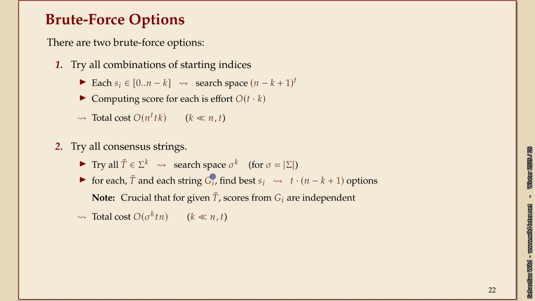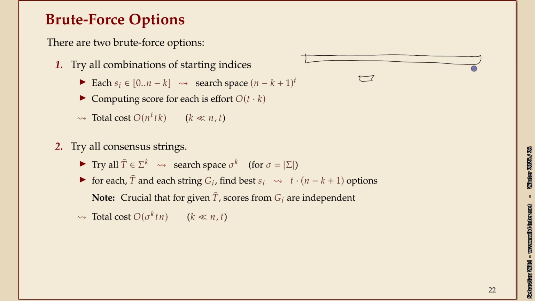What do we have to do if we guess a consensus string? We still have to find these starting positions. But that turns out to be a lot more manageable, because if you're given a certain consensus string, each s_i is independent of what the other strings choose.